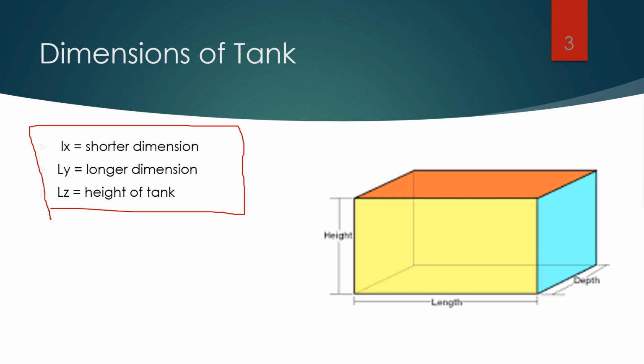Here I have shown the different walls with the different color: the longer wall, the shorter wall, and the top slab, and similarly the base slab. So these are the different components of rectangular water tank needed to be designed for the different conditions.